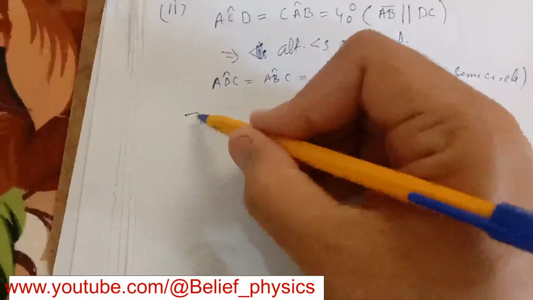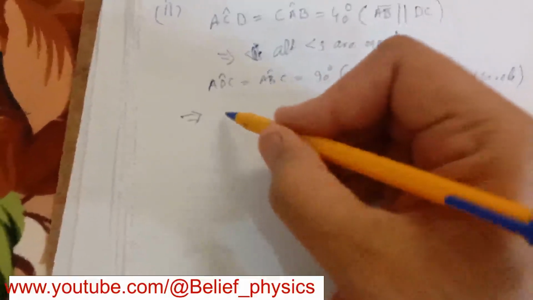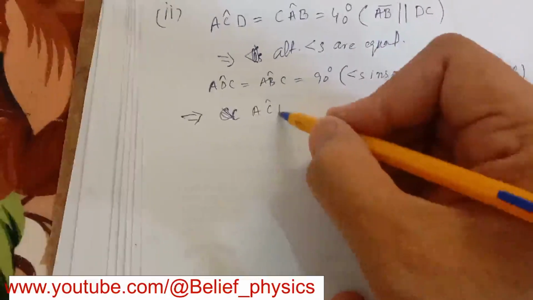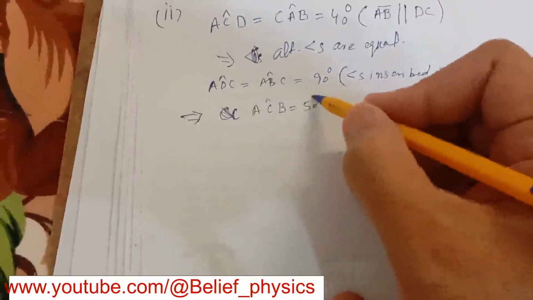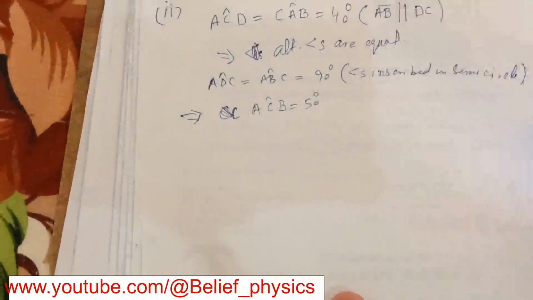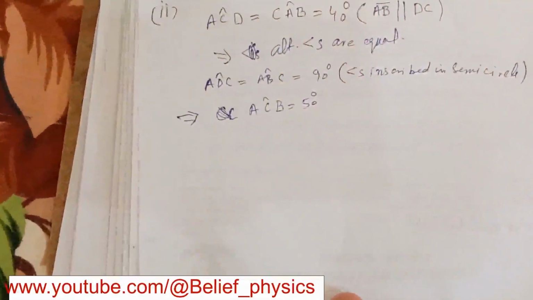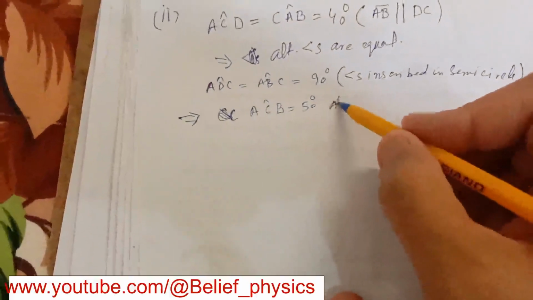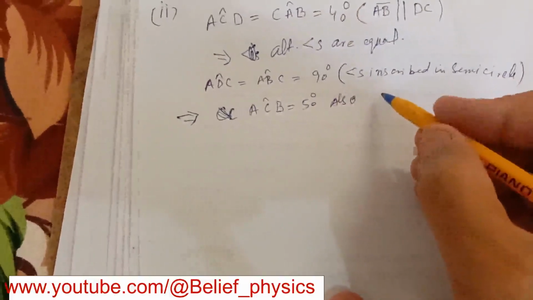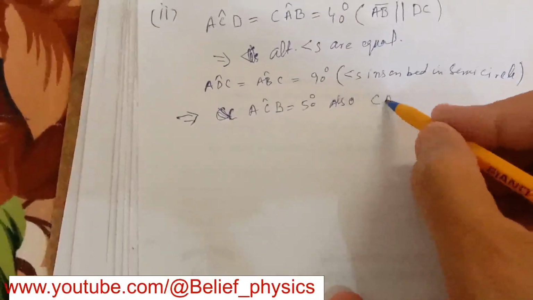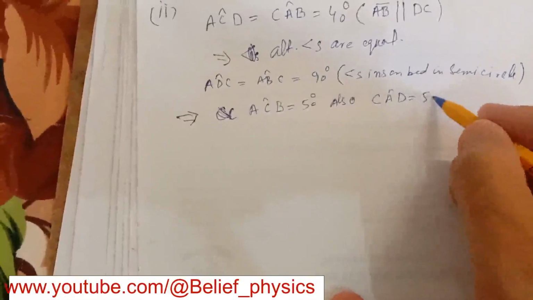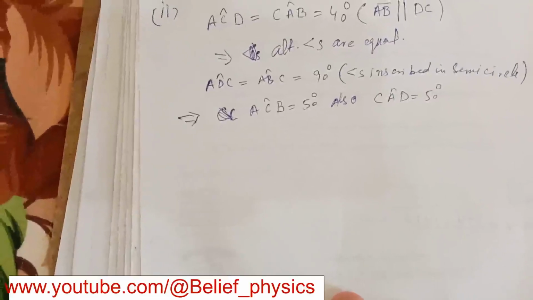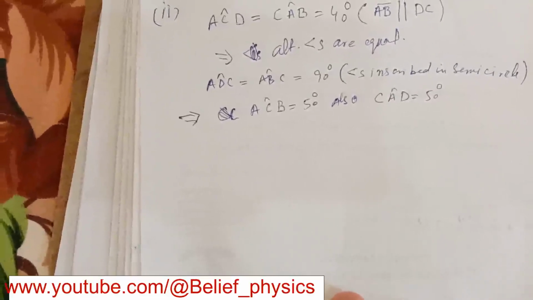So we can say that angle ACB is equal to 50 degrees, because one angle is 40, the other is 90, and the sum of angles in a triangle should be 180, so it is equal to 50. Also angle CAD is equal to 50 degrees. Same reason, because one angle is 90, the other is 40, so to make the sum of angles in a triangle 180, this should be equal to 50.